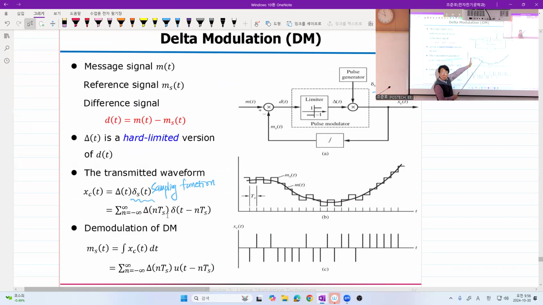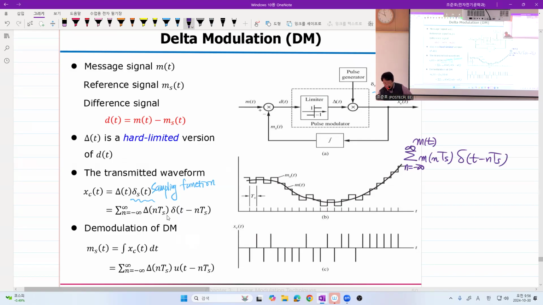And it is sampled, and it scales h of t. So let me give you an idea. So we have m of t, and that is sampled and delayed by ts, and we sum up all of them, and then we convolve with the pulse.